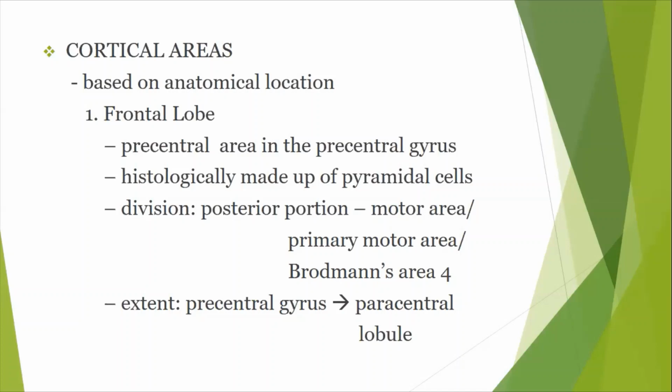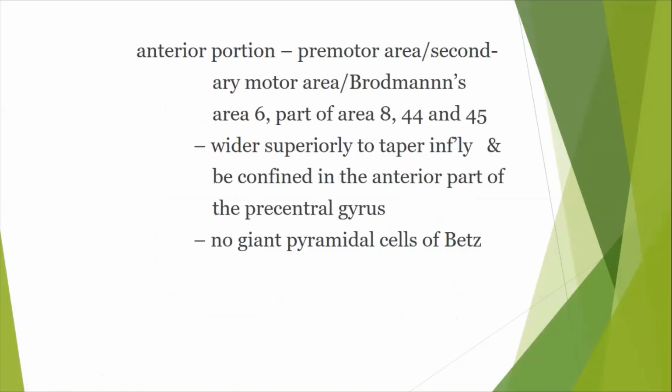It will extend from the precentral gyrus to the paracentral lobule. From the lateral surface, you remember that your precentral gyrus is in the lateral surface of the cerebral hemisphere. It will fly over the surface of the cerebral hemisphere to go to the medial surface where your paracentral lobule is located.